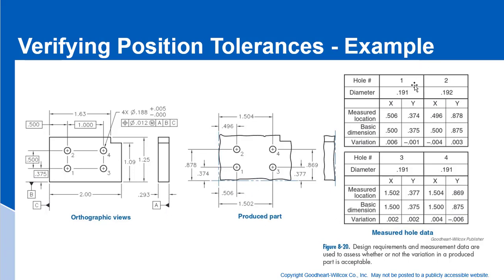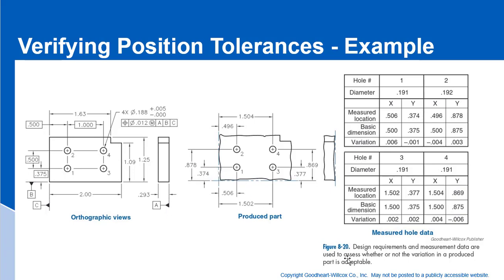Okay, so we have a table over here. For hole number 1, that hole was made at 191. Its x coordinate is 506, that's this dimension right here. Its y coordinate is 374, that's this dimension right here.